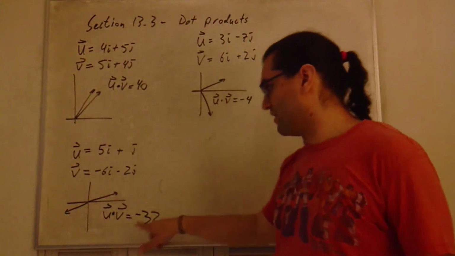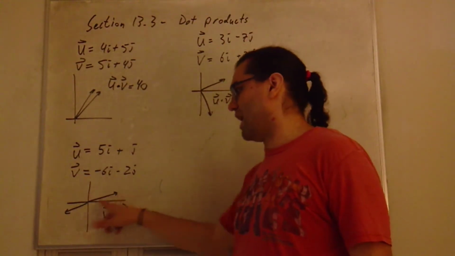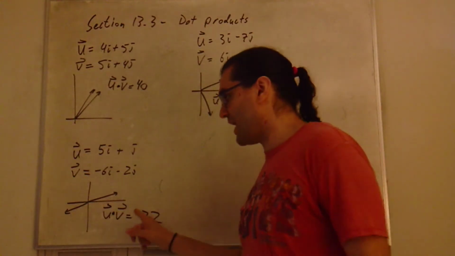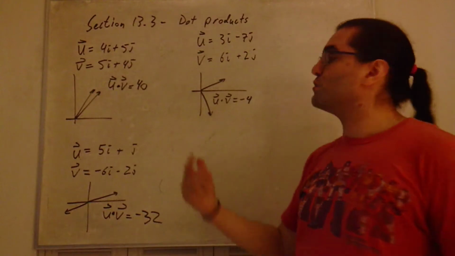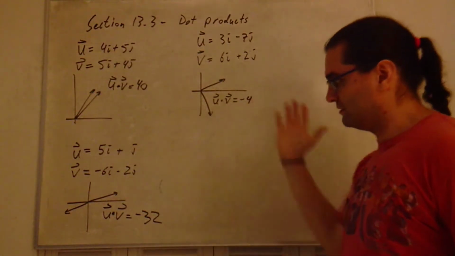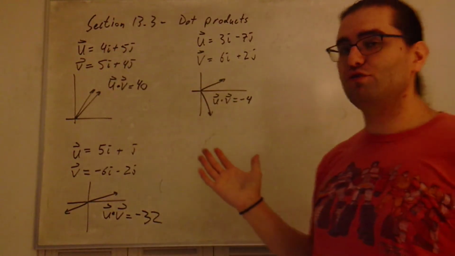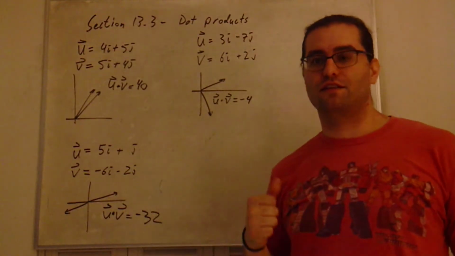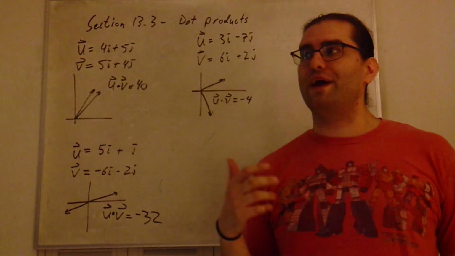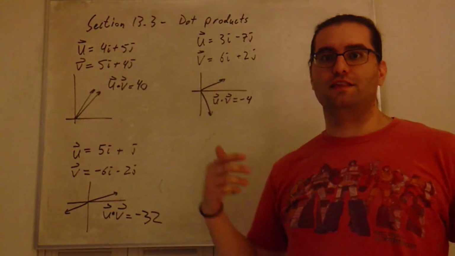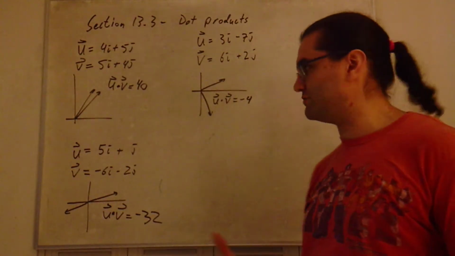And these are going in almost exact opposite directions, and their dot product is very big and also negative. Based on this, you could pretty confidently guess that dot products are some way to measure the same directionness of two vectors.